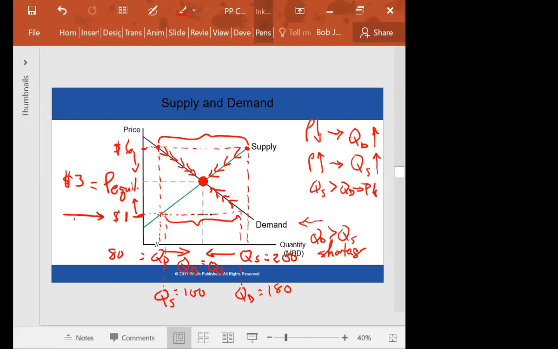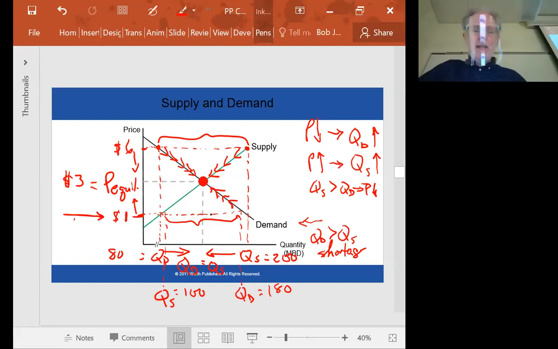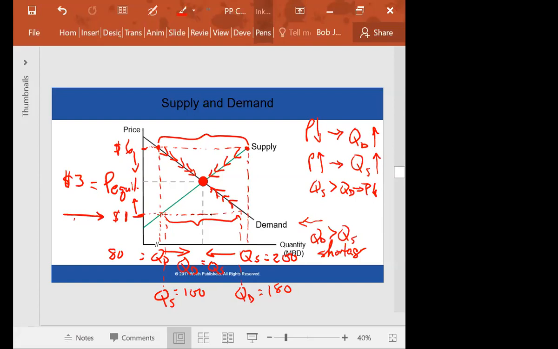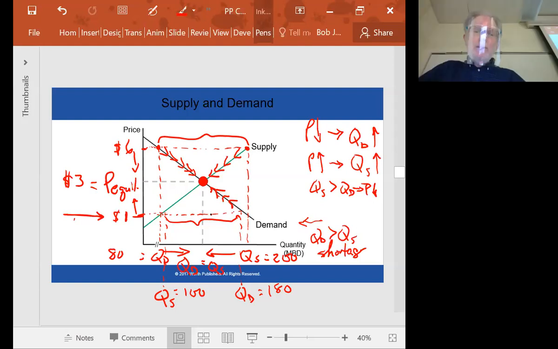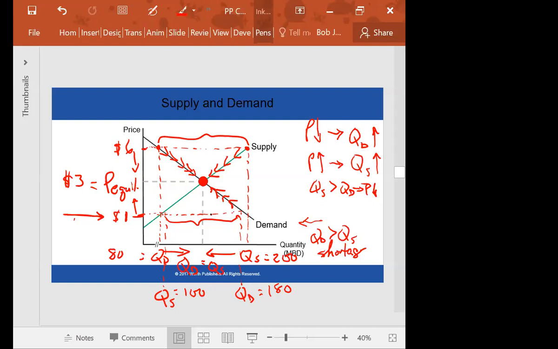Excuse me, Mr. Jones? It's Kayla. I was just wondering, economically, what is the impact of raising like minimum wage? The minimum wage is an example of a price floor, which is related to what we have here.